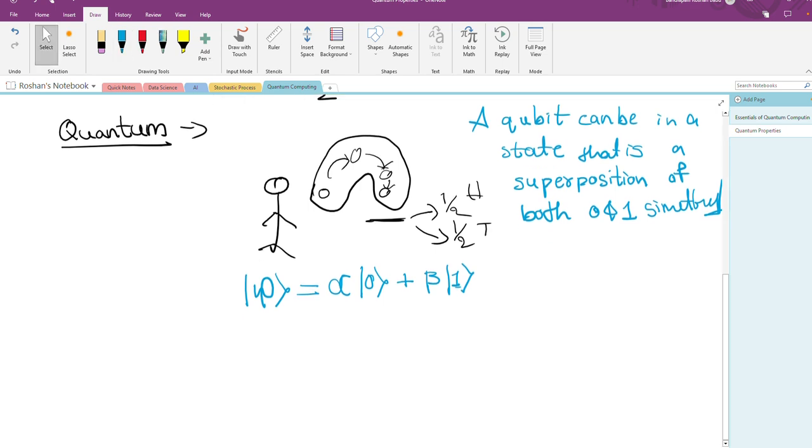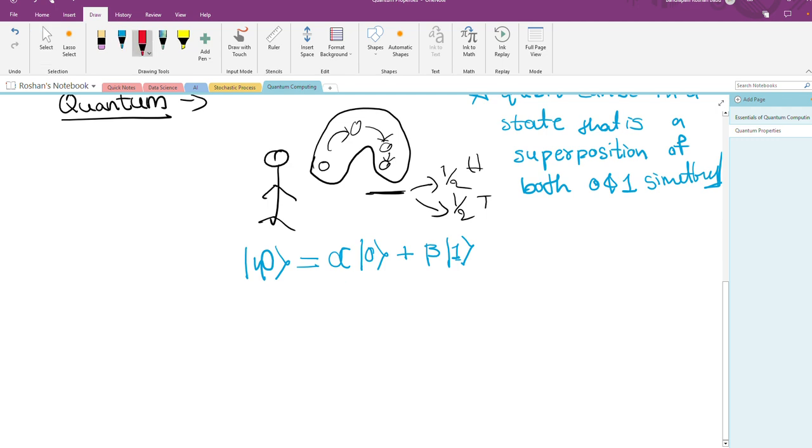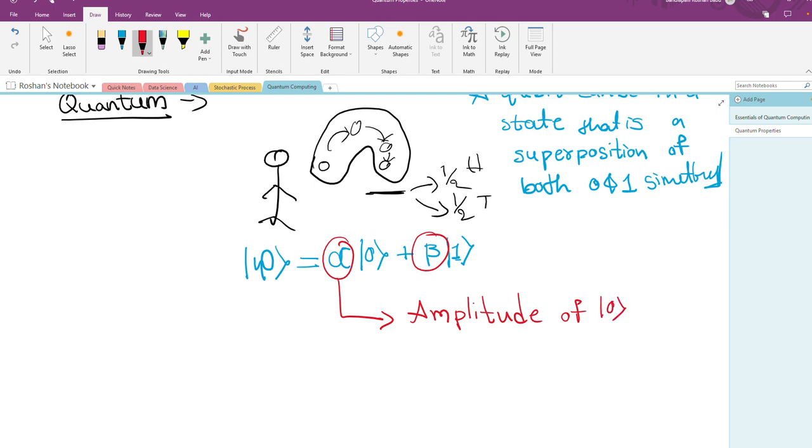Here, these are two new terms called amplitude. What is it? Amplitude. Alpha is called the amplitude of the ground state, and beta is called the amplitude of the excited state.